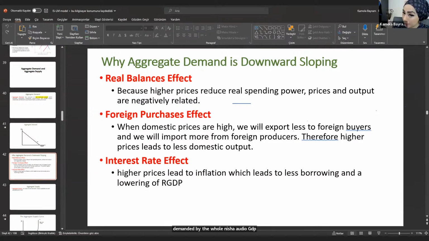Well, because higher prices again reduce real spending power, and that is known as inflation, right?